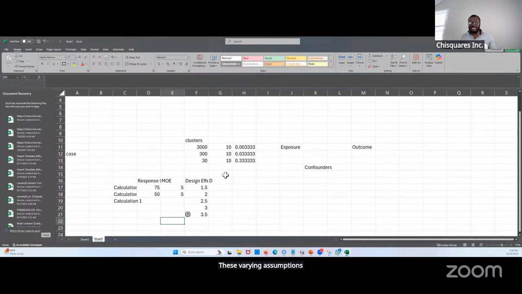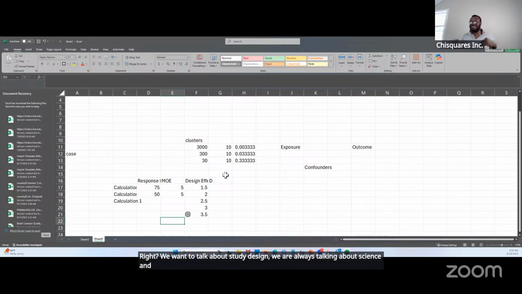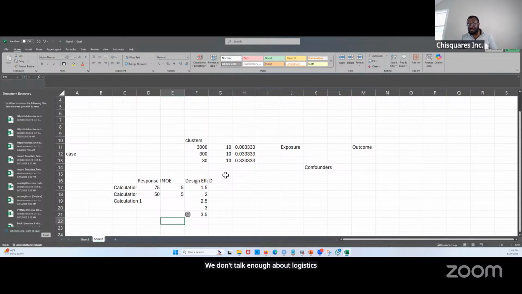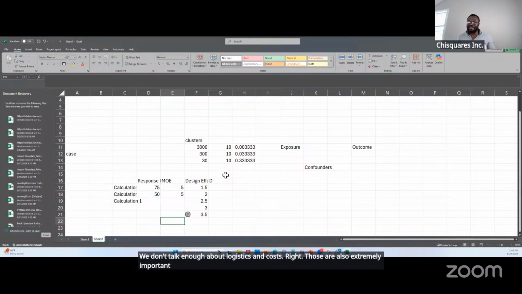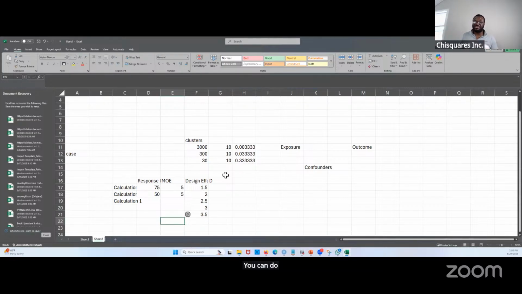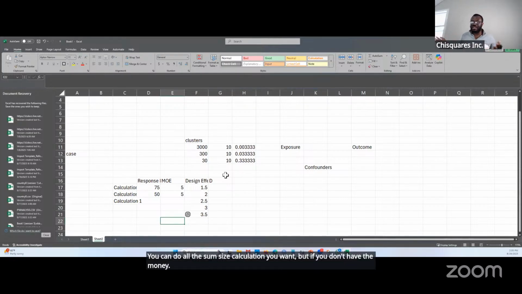At the end of the day, it becomes an issue of logistics. When we talk about study design, we are always talking about science and variance and all the scientific things. We don't talk enough about logistics and costs. Those are also extremely important in study design. You can do all the sample size calculation you want, but if you don't have the money, well, it's dead on arrival.